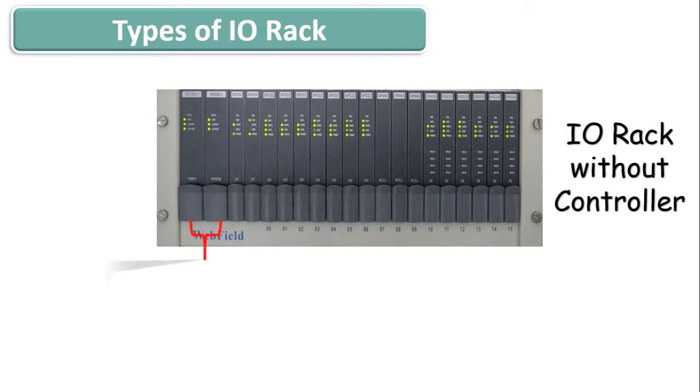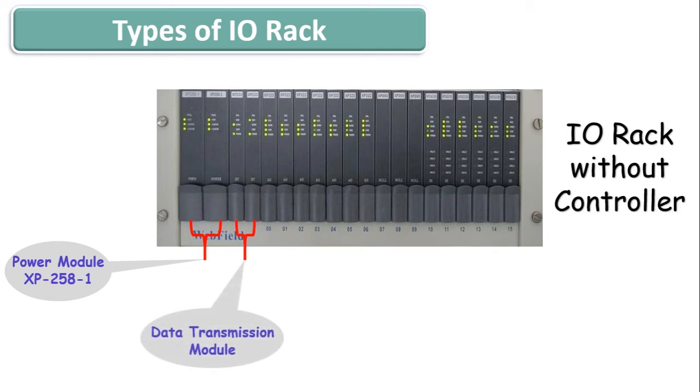The first two slots contain the power module XP258-1 card instead of the controller. The next two slots contain the data transmission module, which is used for the S-bus communication of IO modules with the controller. And then we have 16 slots for the IO modules. These IO modules can be analog input, analog output, digital input, digital output, or any communication module.